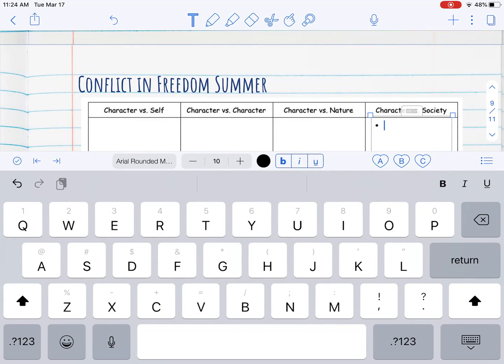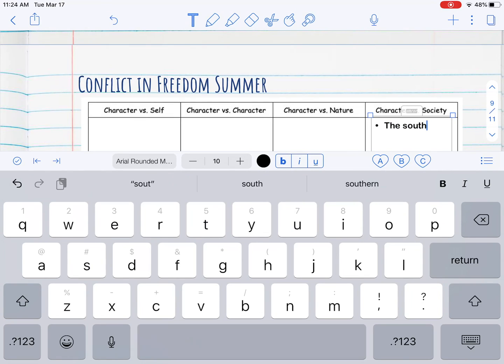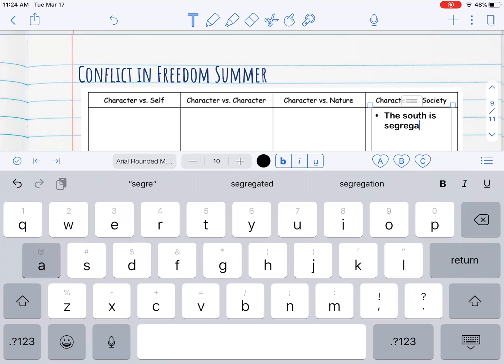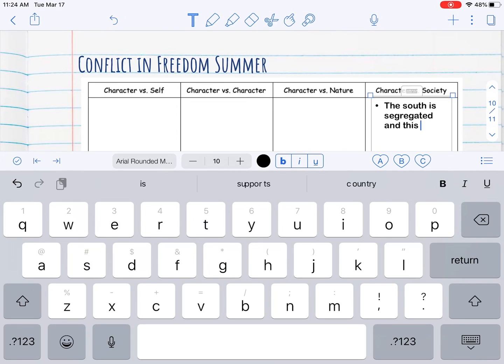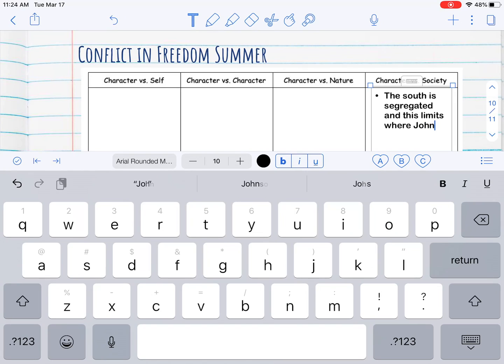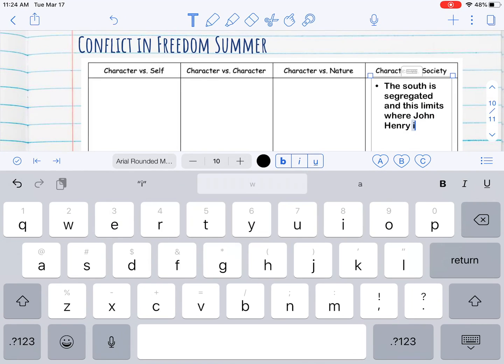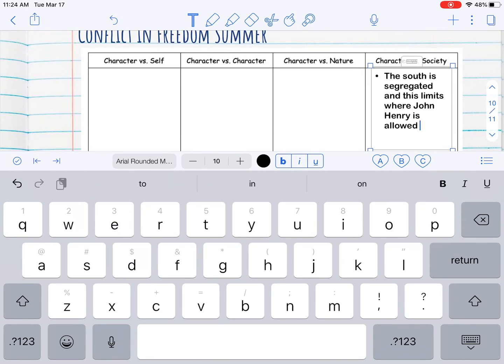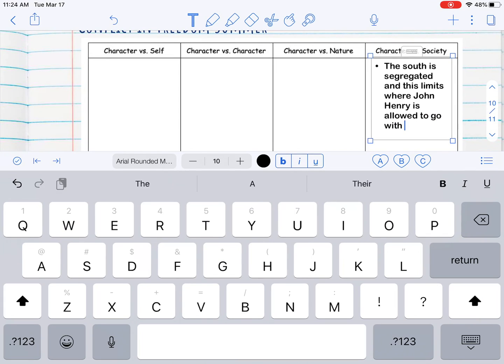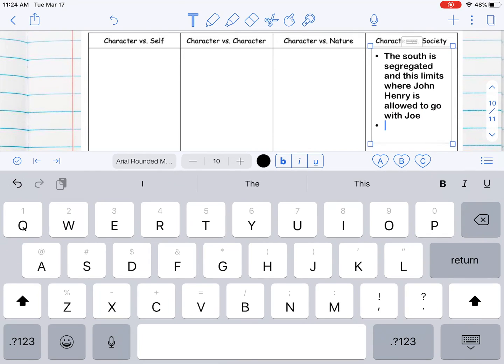So we have the South is segregated. And this limits where John Henry is allowed to go with Joe. Okay, so the South is segregated.